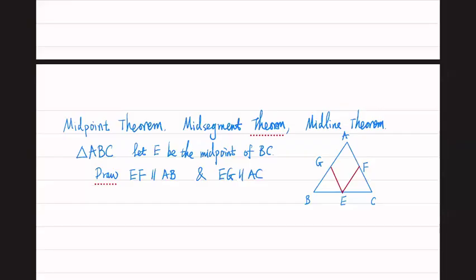So we have two more points, F on AC, G on AB. Then we connect these two points.